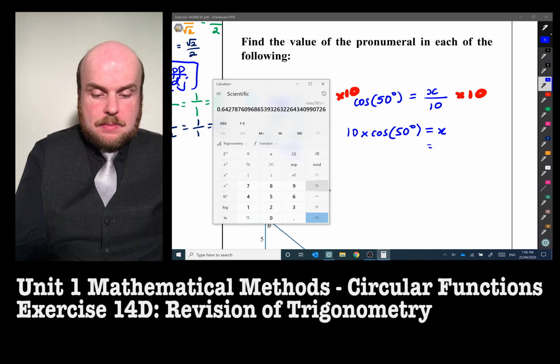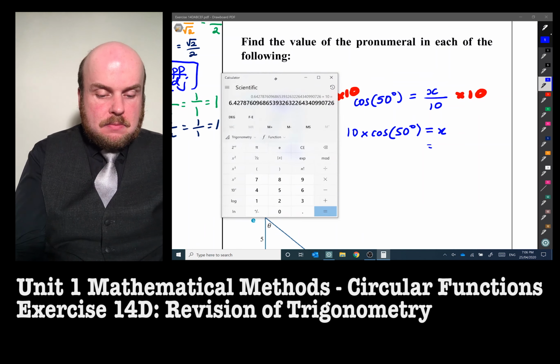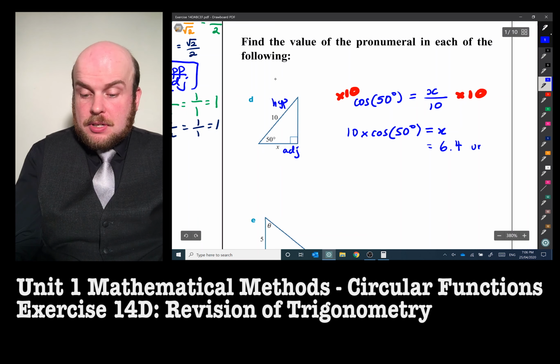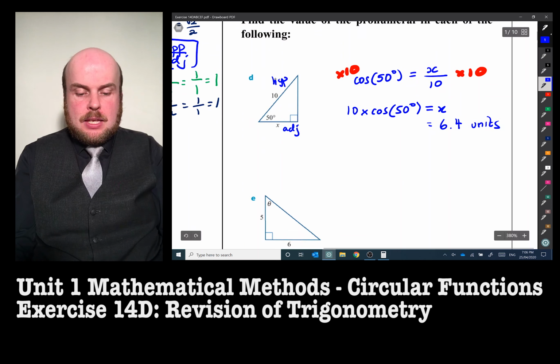And then we're going to times that by 10. And there we go, we've got 6.428. We may as well just do it to one decimal place here, so 6.4 units, because it doesn't say what the measurement is.